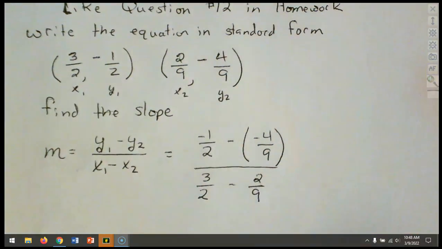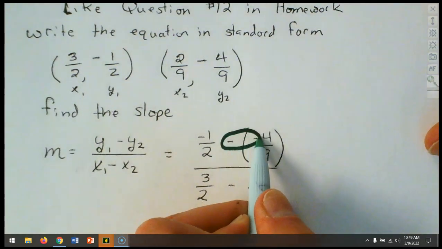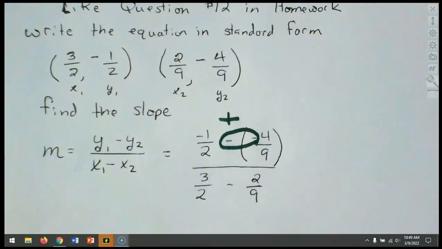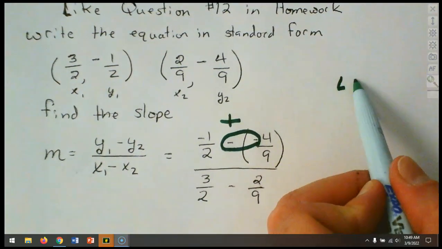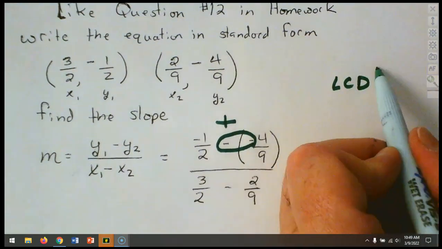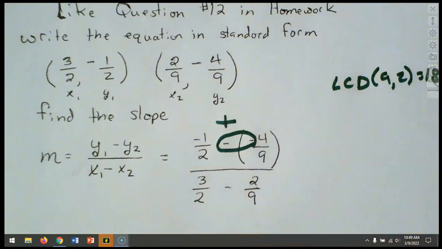Okay. So we're going to clear out our fractions. Now, before we do that, though, this double negative here makes it positive. And what's the least common denominator of 9 and 2? That would be 18, wouldn't it?